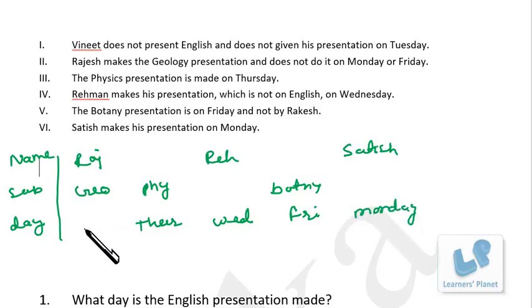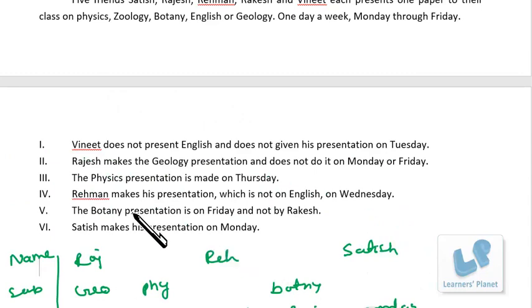So Monday, Tuesday, Wednesday, Thursday, Friday, right? And now we are left with Rakesh and Vineet. Now botany presentation is not by Rakesh, so Rakesh cannot be over here. That means Rakesh is over here. That means Vineet is here.